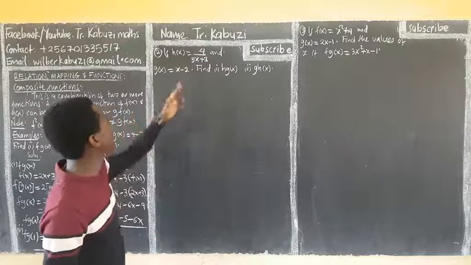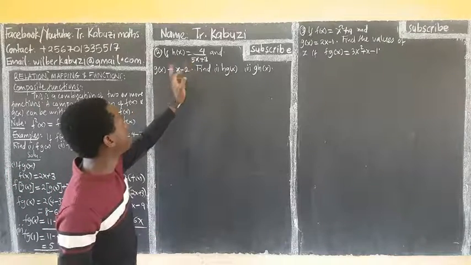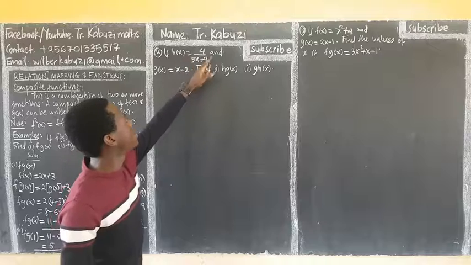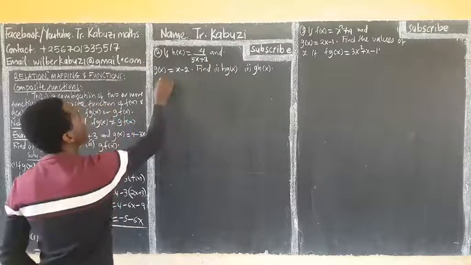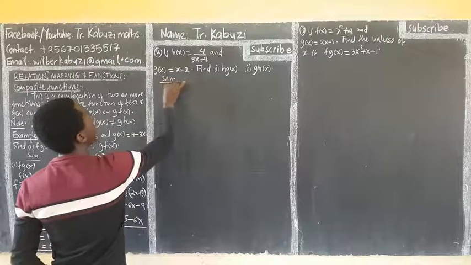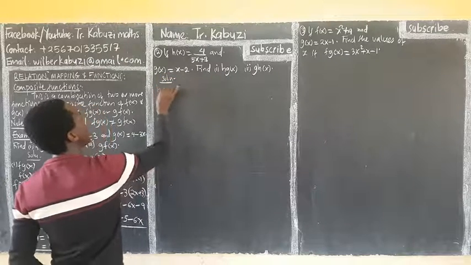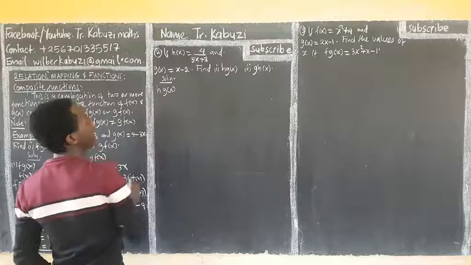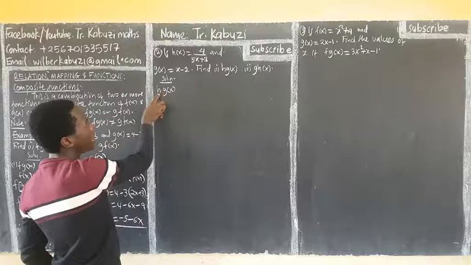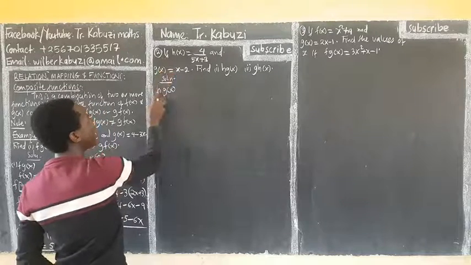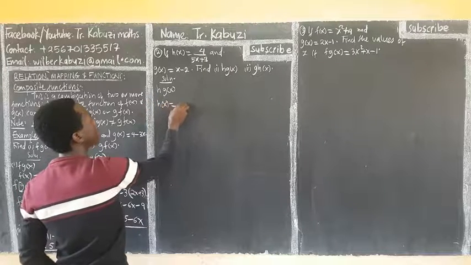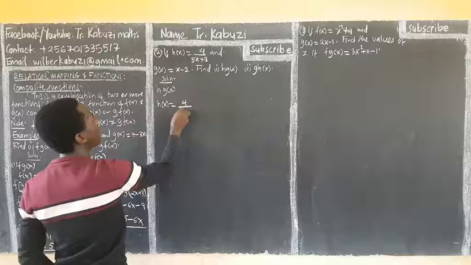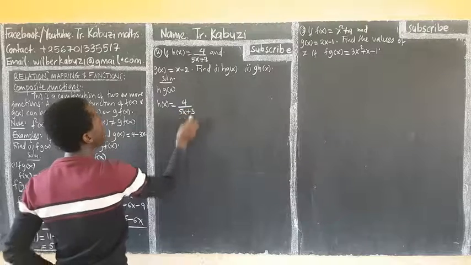Now when I come to this, they're giving me h and g equal to this, and they want me to find h g of x. So in my solution, this shows that they are substituting g in h. I start with my h, this one here. My h of x is 4 over 5x plus 3.